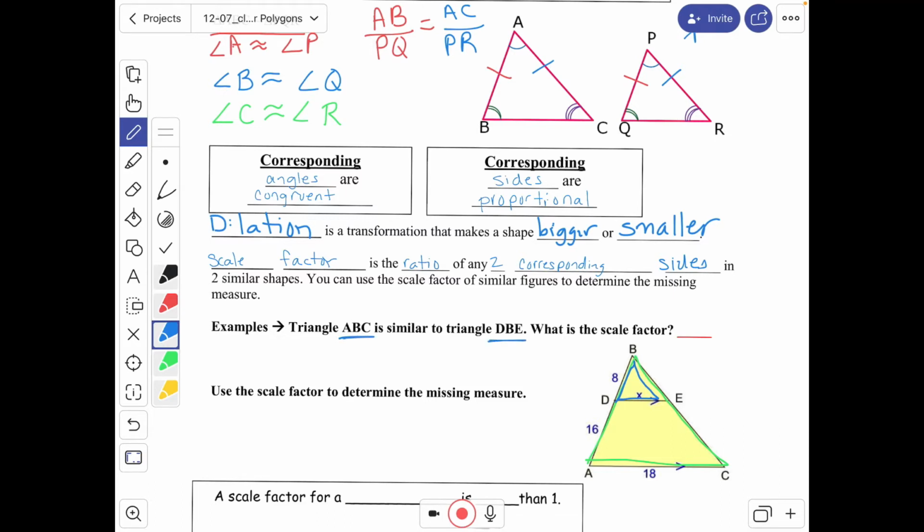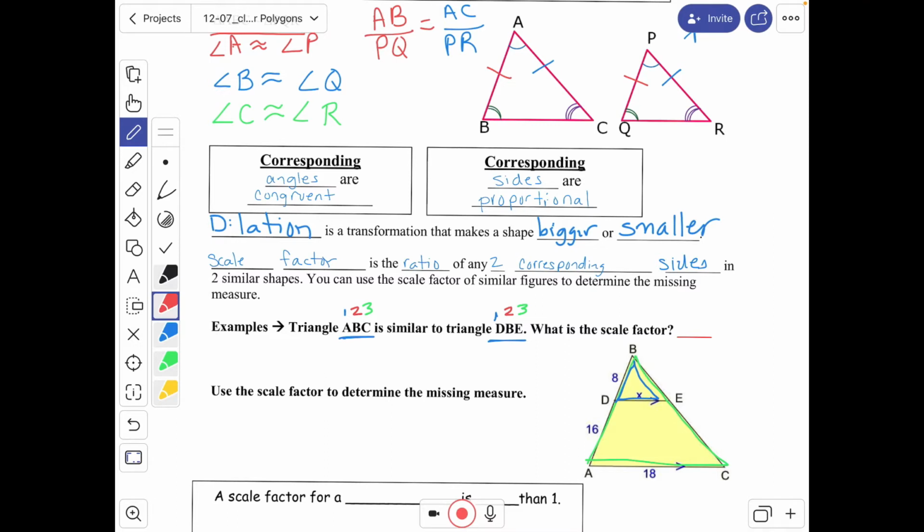A corresponds to D, and B corresponds to the other B, and C corresponds to E. So if you're matching up the angles, you can just use the letters in the order they listed them.